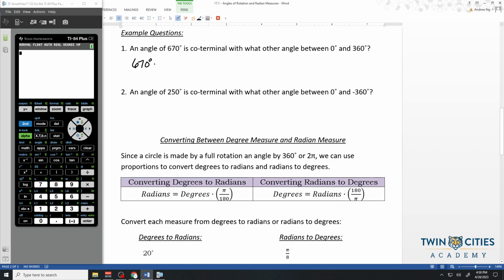So I'm going to subtract 360 degrees. If I do that, 670 minus 360, I end up with 310 degrees, which is between 0 and 360. But more importantly, this is coterminal to 670.